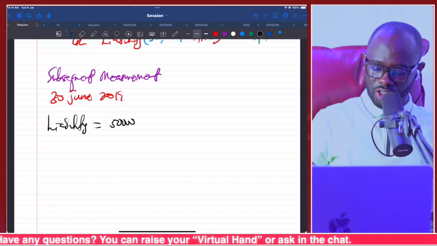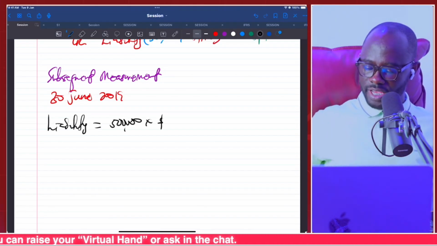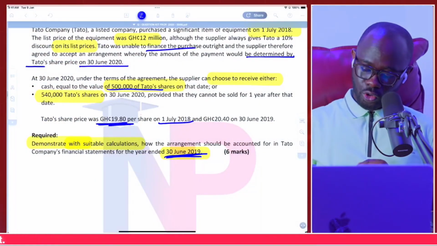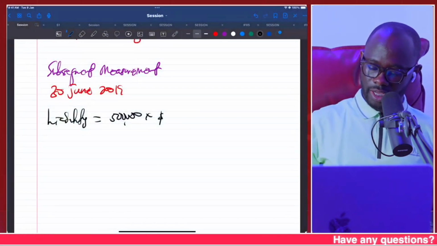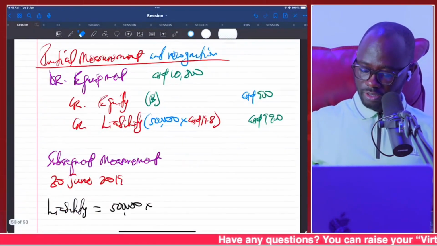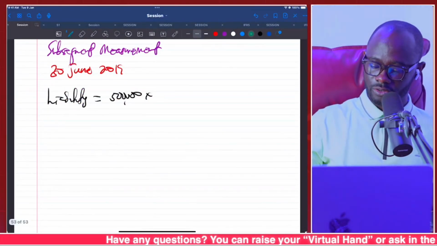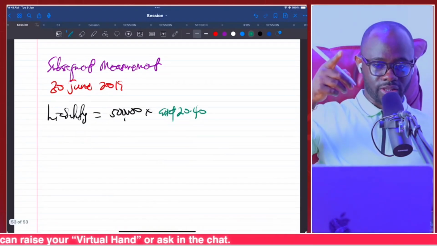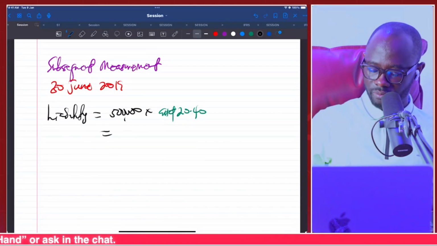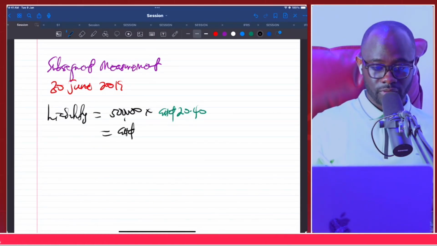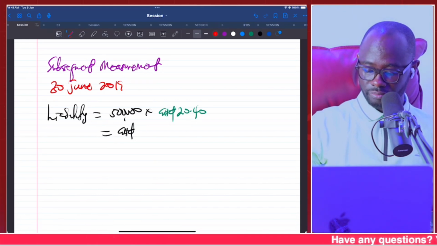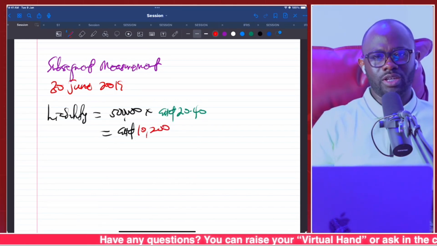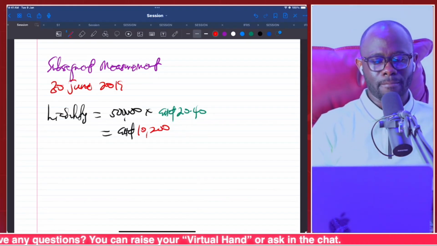Still 500,000 shares, but what is the share price now? 20.4 Ghana cedi. So 20.40. We work in 3 zeros up, so you can do 500 by that figure. 10,200, okay. So this is how much we owe the person now, liability.